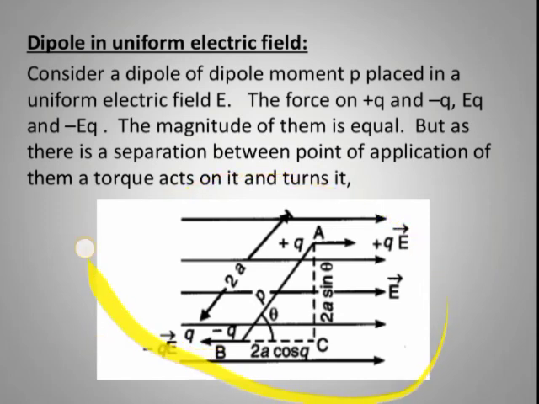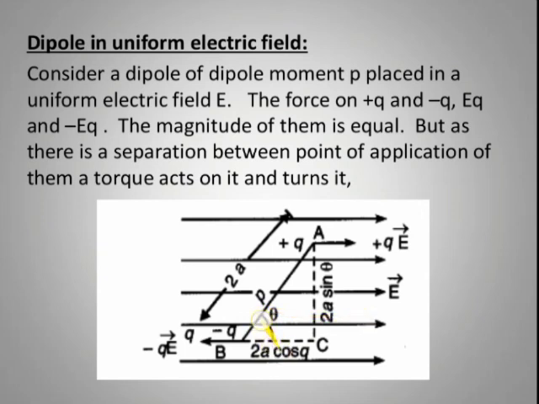And this is the pictorial representation of how your dipole behaves in a uniform electric field, and that force is called torque. So how is torque applied? Here, as it is vertical, it is opposite to this angle.